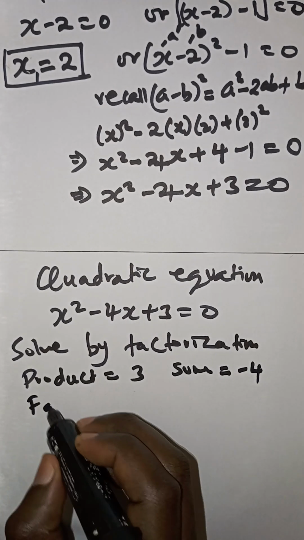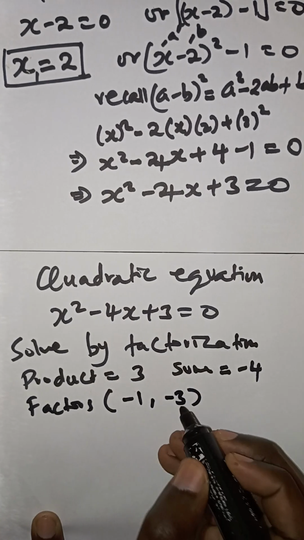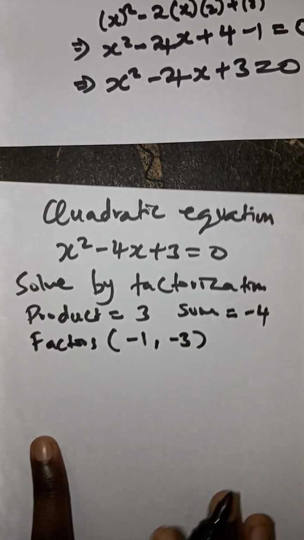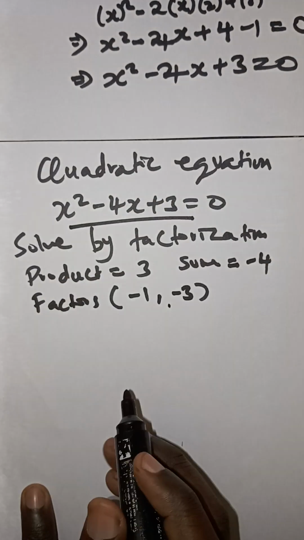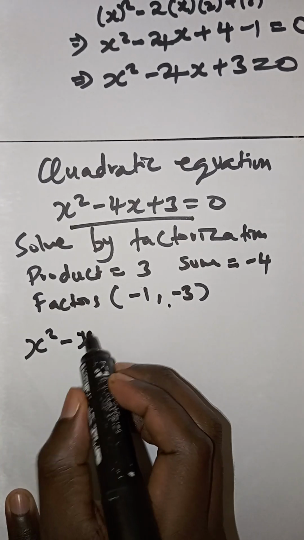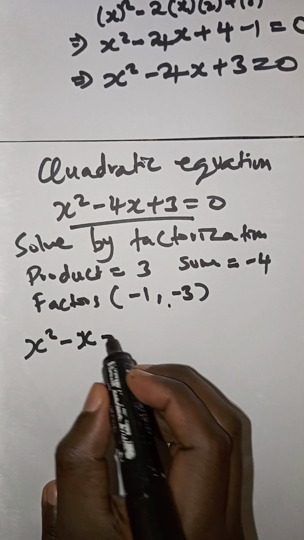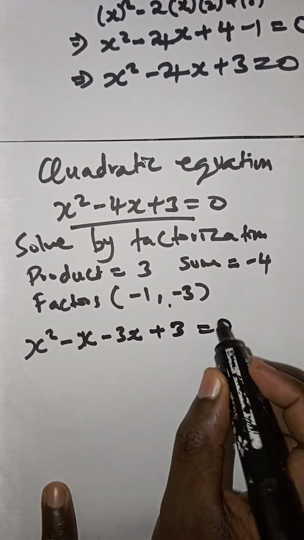Now my two factors are negative 1 and negative 3. Now using the factors in this particular equation, I'm going to have x² − x, of course 1x, − 3x + 3 = 0.